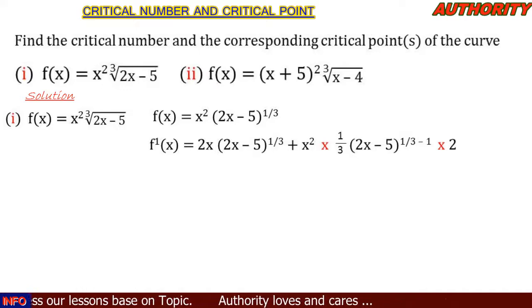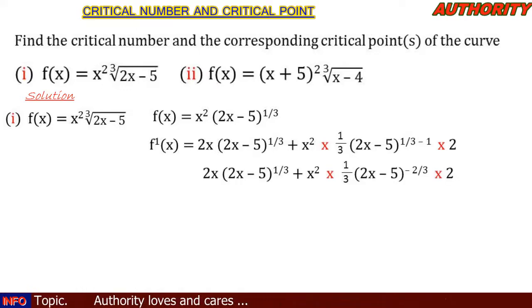Now let's simplify this properly. So we are going to have 2x (2x minus 5) raised to power 1 all over 3 plus x squared times 1 all over 3 (2x minus 5) raised to power minus 2 all over 3 times 2.